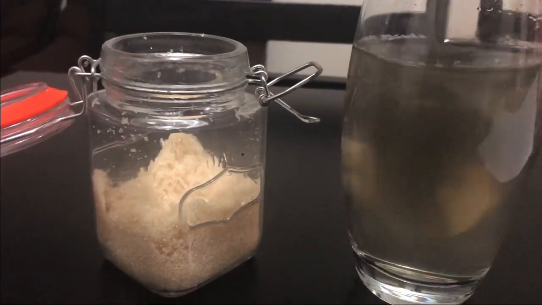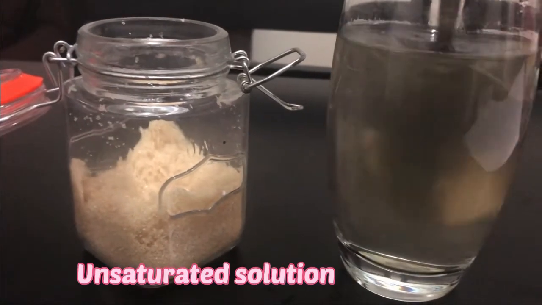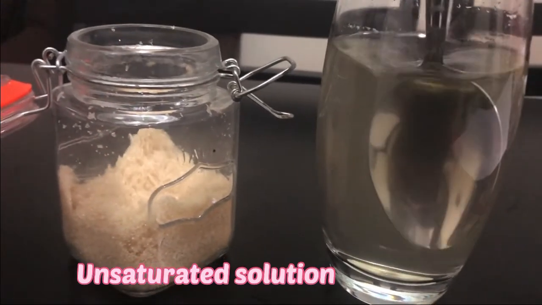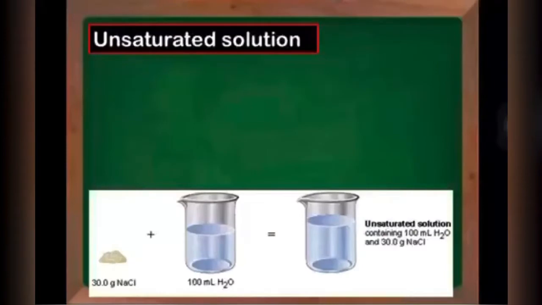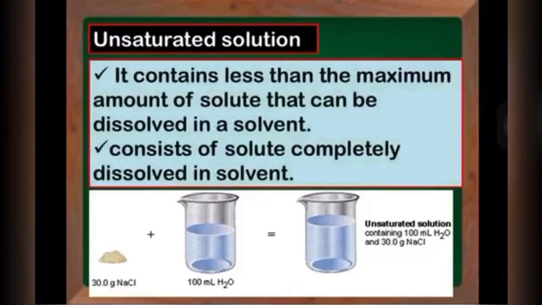In this case, we're able to make an unsaturated solution. An unsaturated solution is a type of solution containing less amount of solute in a given amount of solvent, leaving no traces of it. The solute is completely dissolved in the solvent.